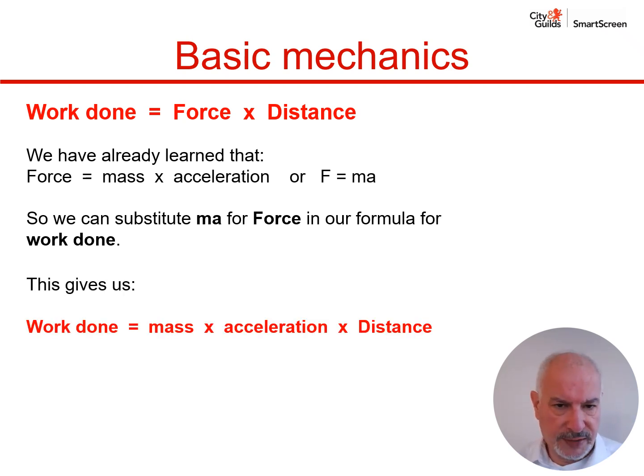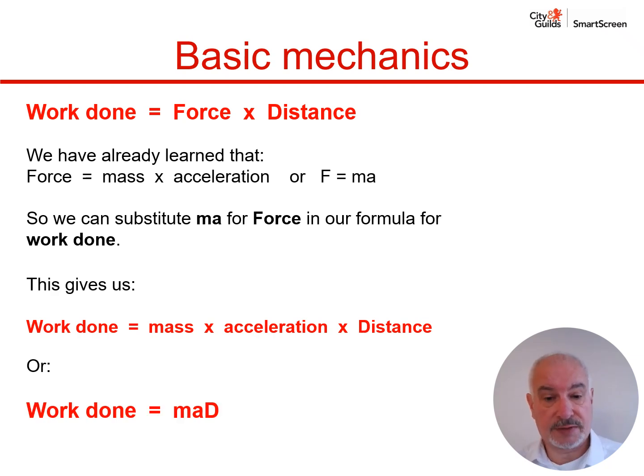That means that we end up with work done equals mass times acceleration times distance. You see there the mass times the acceleration has been substituted for force, because force equals mass times acceleration.